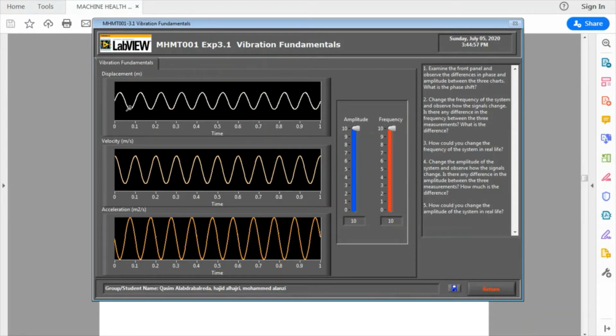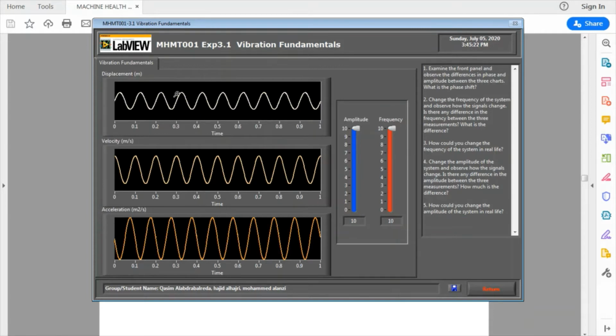In terms of frequency, all of them share the same frequency. If we count 1, 2, 3, 4, 5, 6, 7, 8, 9, 10 waves in 1 second, that means frequency is 10. Same thing for velocity and acceleration, because all of them are generated from the same wave of displacement.